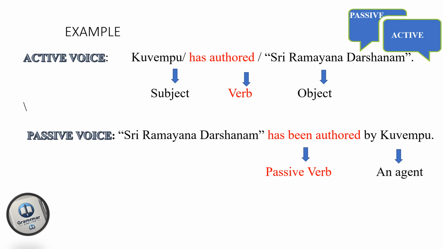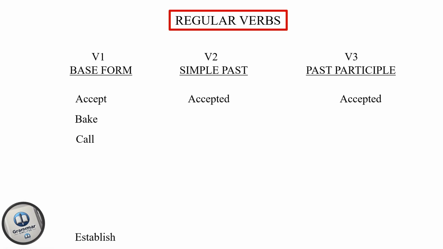So let us know what is past participle form. Here, there are two kinds of verbs. One is regular verb, another one is irregular verb. When you add d, ed, ied to the regular verb, it will become a past participle form. For example, V1 is the present form, base form. V2 is in simple past tense.